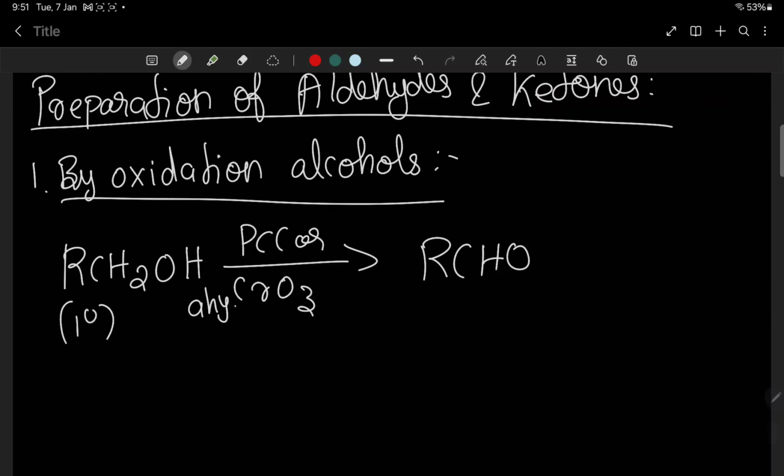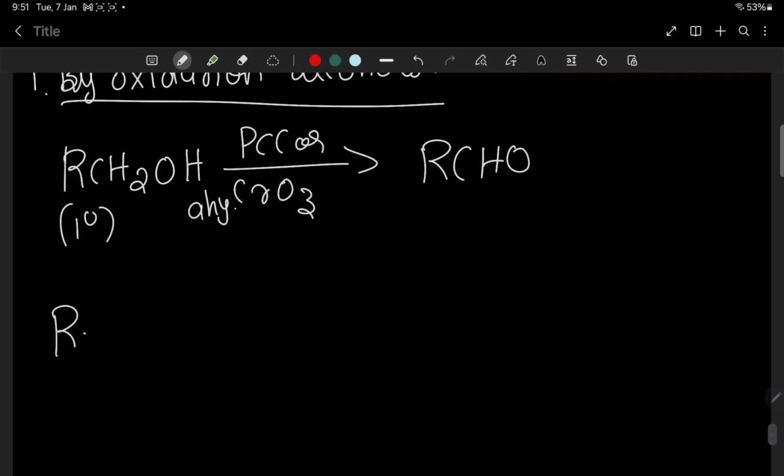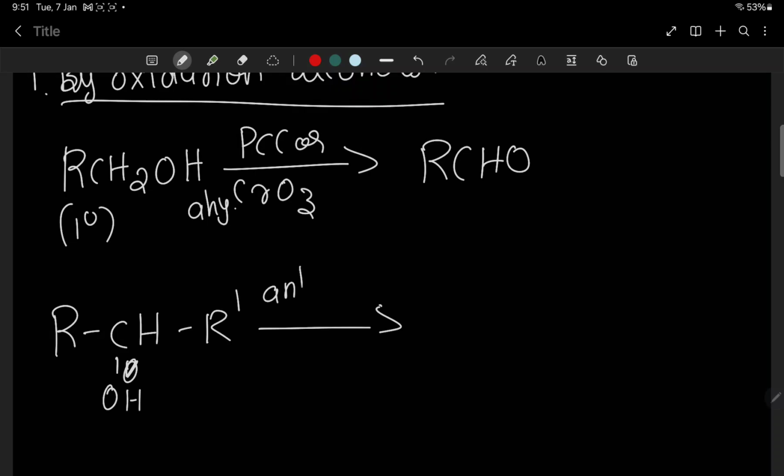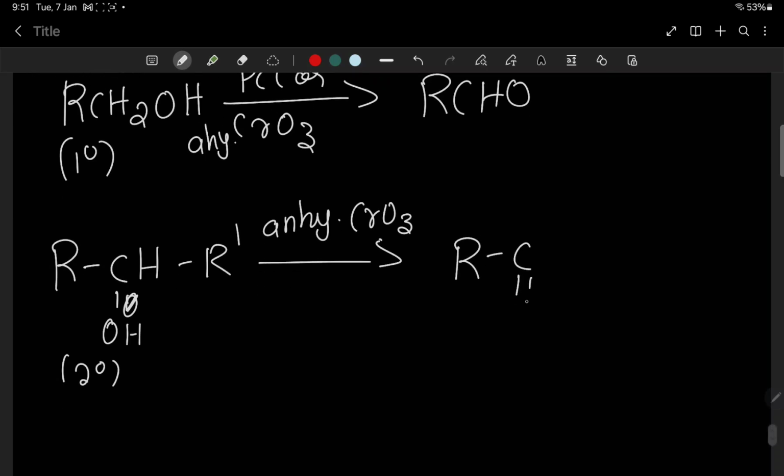If it is a secondary alcohol, R-CH(OH)-R', use anhydrous CrO3 and you get R-C(=O)-R', a ketone. So this is the reaction.